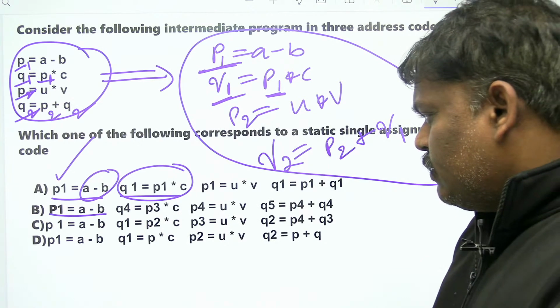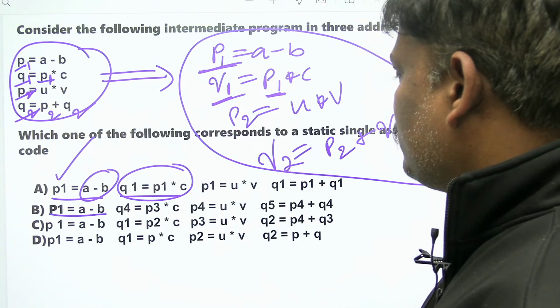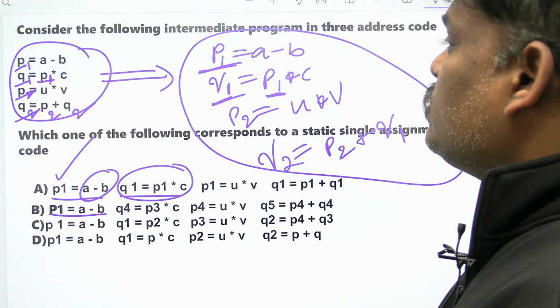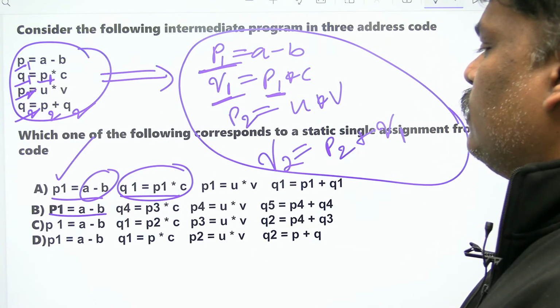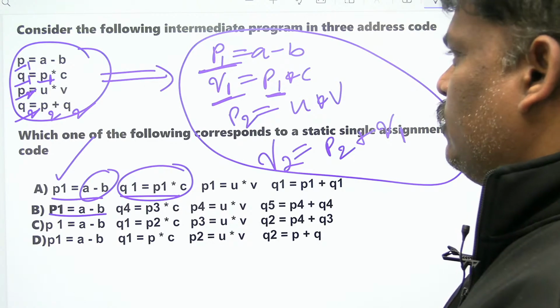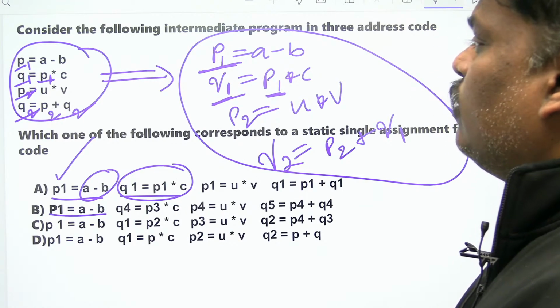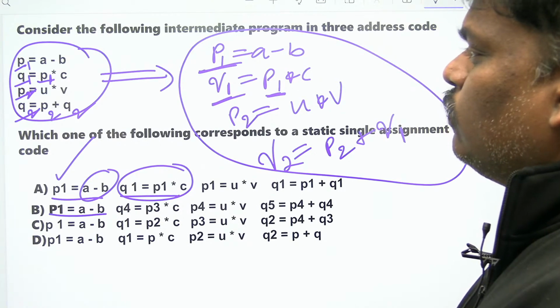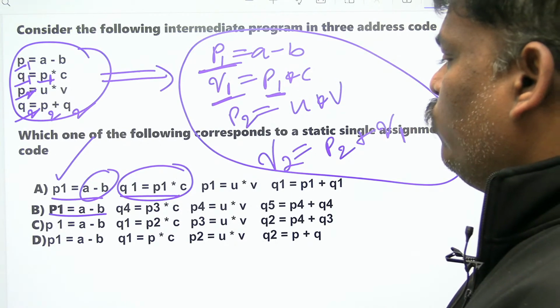Can you check once? Right, until now okay. Next one, P2 is equal to U into V.